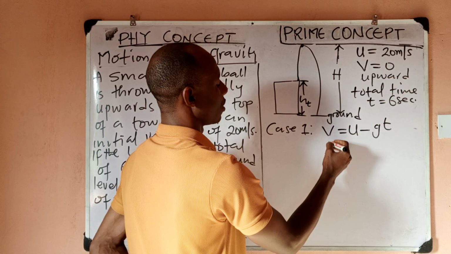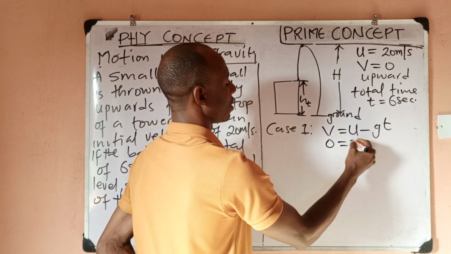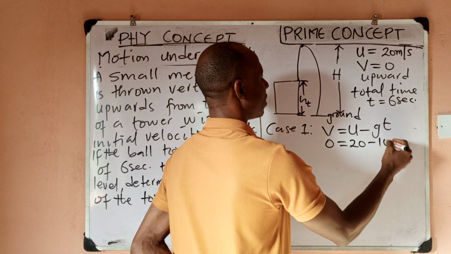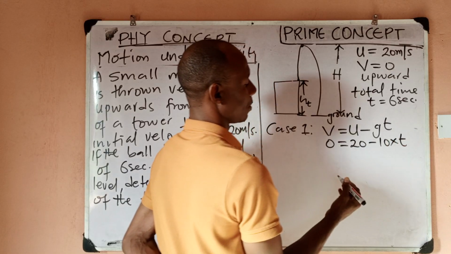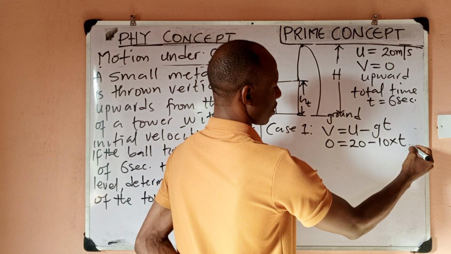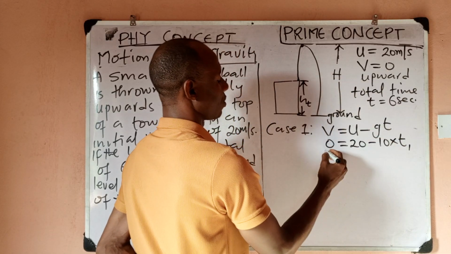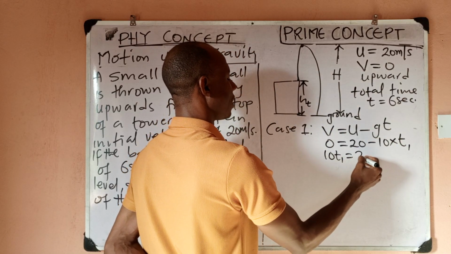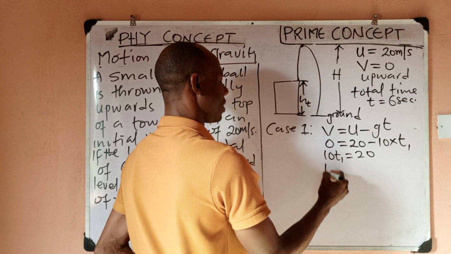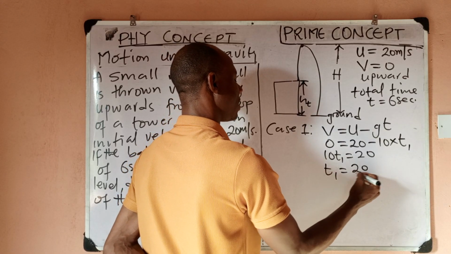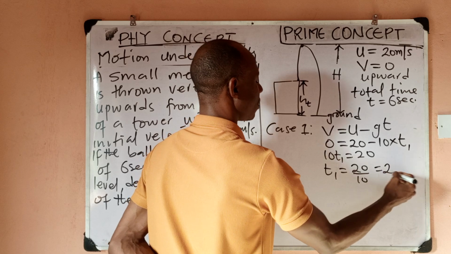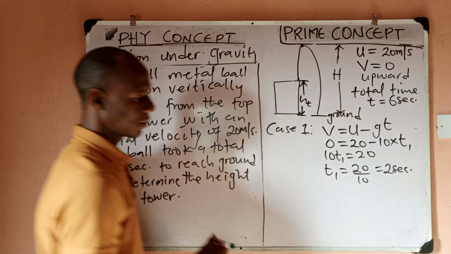So I have 0 equals u, which is 20, minus g, 10, times our time. I'm going to call this t1, time for upward. So if you bring this to this side, you will have 10 t1 equals 20, which would mean that t1 becomes 20 divided by 10, which is 2 seconds.